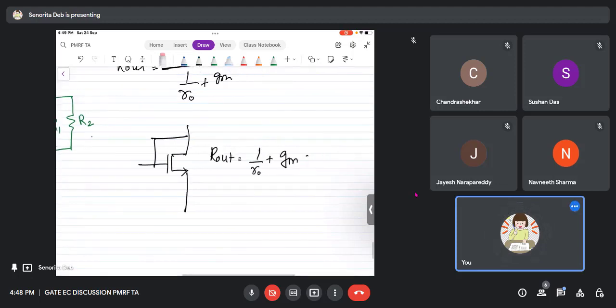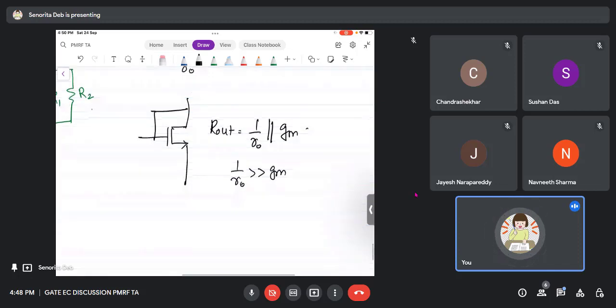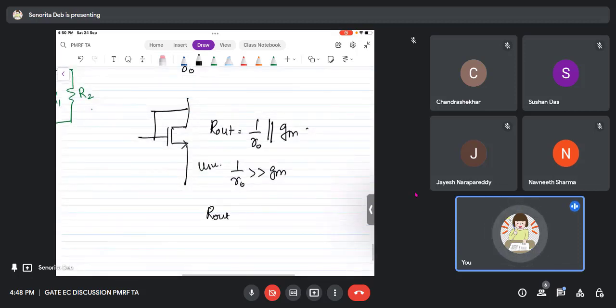Okay, 1 by R naught, sorry, again I messed up, R out is the parallel combination of R naught and 1 by GM. Okay, and since R naught is normally a higher value than 1 by GM, usually R naught will be greater than 1 by GM, therefore R out turns out to be approximately equal to 1 by GM. This you should remember.